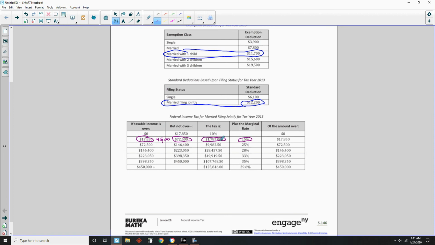So what they're saying is the tax is $1,785 plus the marginal rate of 15% of any amount over this $17,850. So we have to take 45,000 and subtract 17,850 from it, and that amount gets multiplied by 15%.